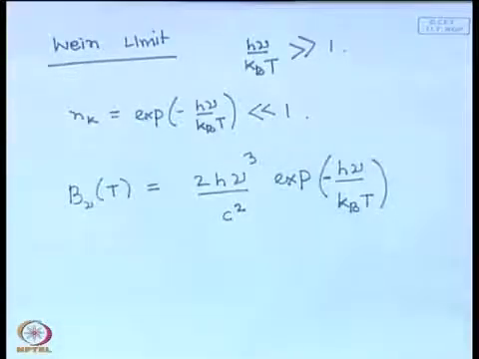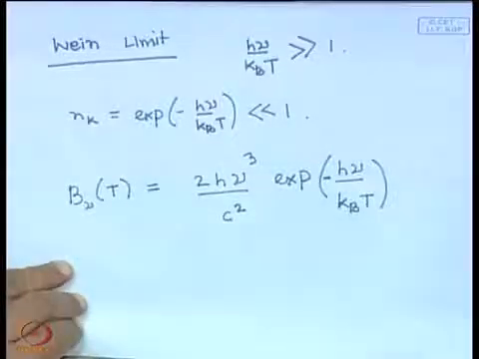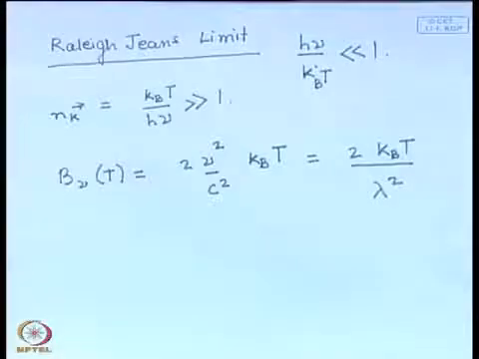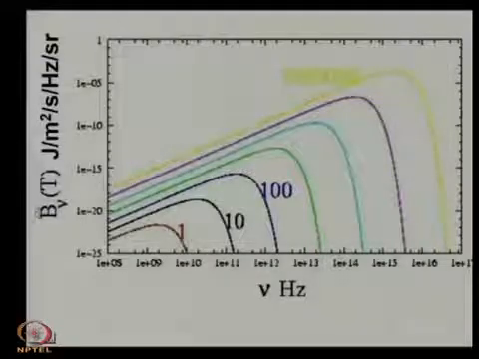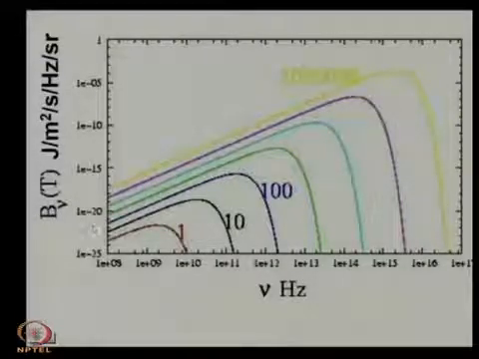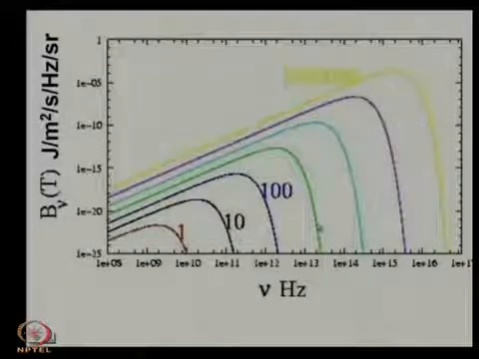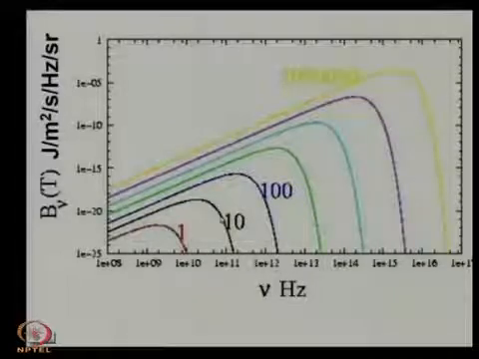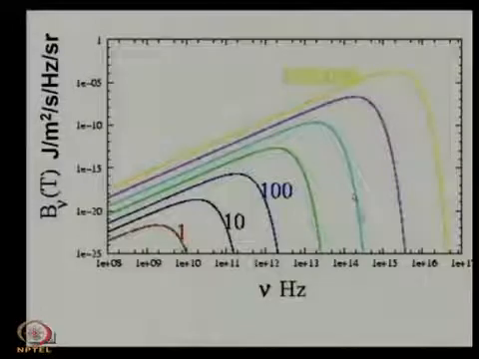Let me show you a graph showing these two limiting situations. This picture over here shows you the behavior of the Planck function, for different values of the temperature. Let us just focus on any one of them, say this one over here.